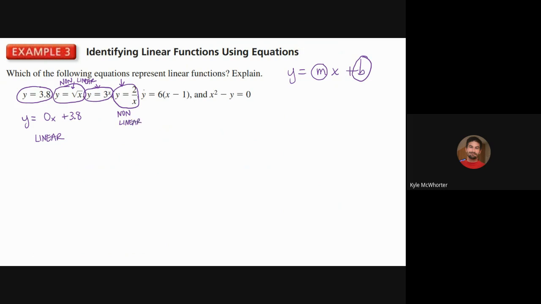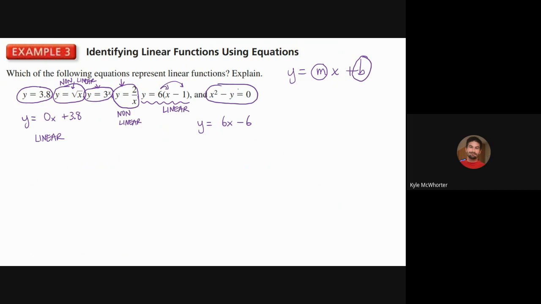This one, y equals 6 times x minus 1. We can distribute the 6, and that would give us y equals 6x minus 6. And then we're in the y equals mx plus b format. So this one is linear. And then this last one, x squared minus y.